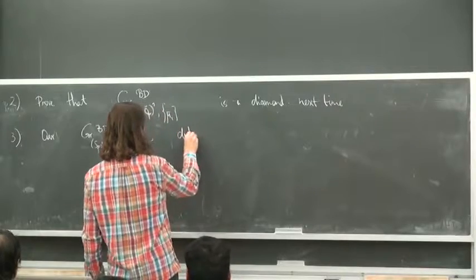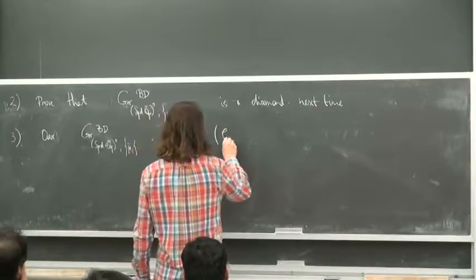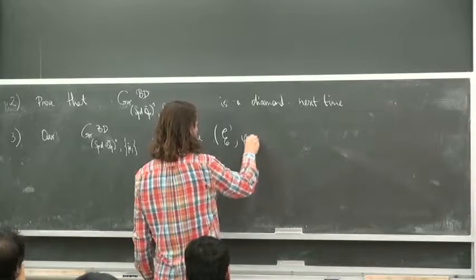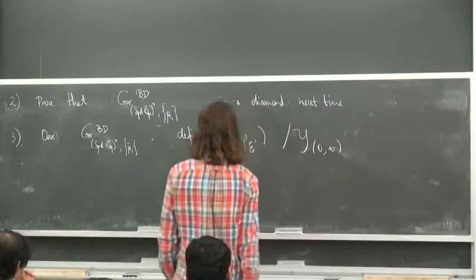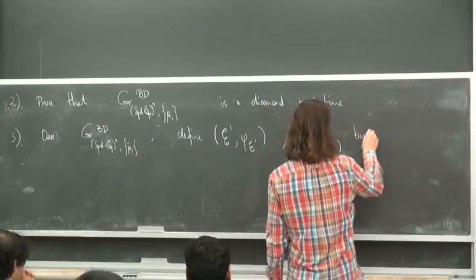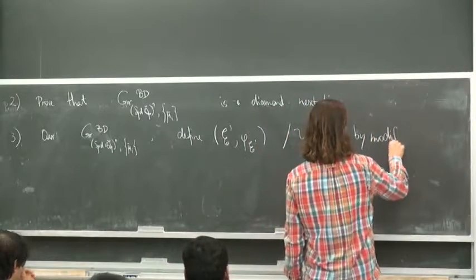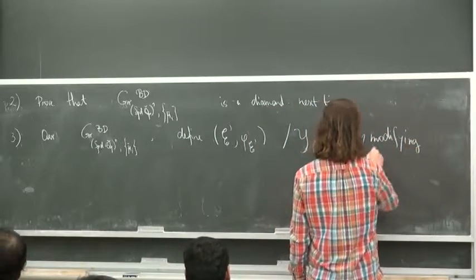We can define some guy over the guy away from 0 by modifying this fixed guy.